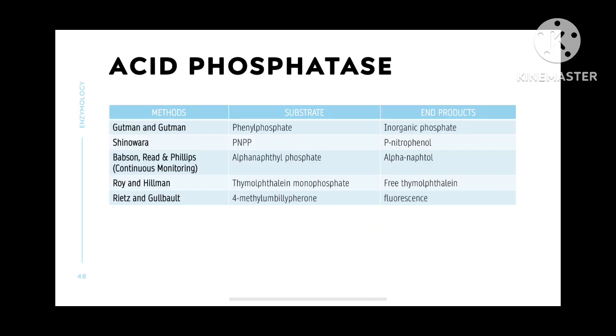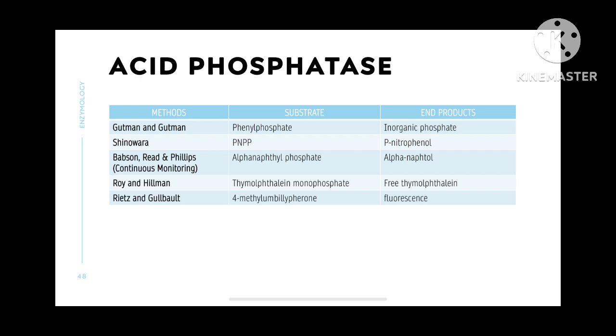Serum should be separated from the red cells as soon as the blood has clotted. That is to prevent leakage of erythrocyte and platelet acid phosphatase. Serum activity decreases within 1 to 2 hours if the sample is left at room temperature without the addition of a preservative.